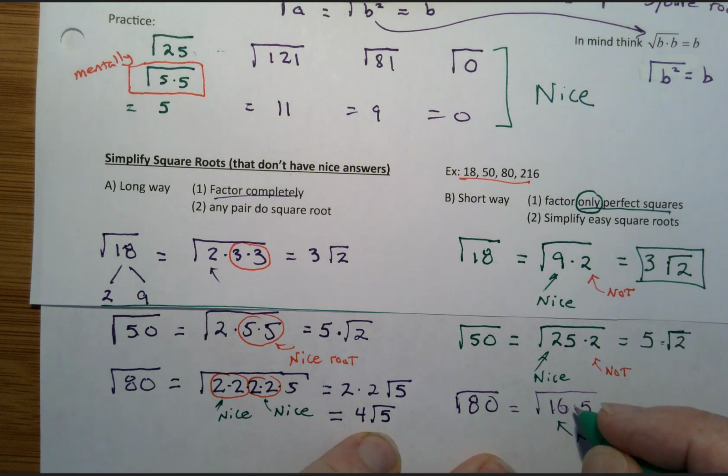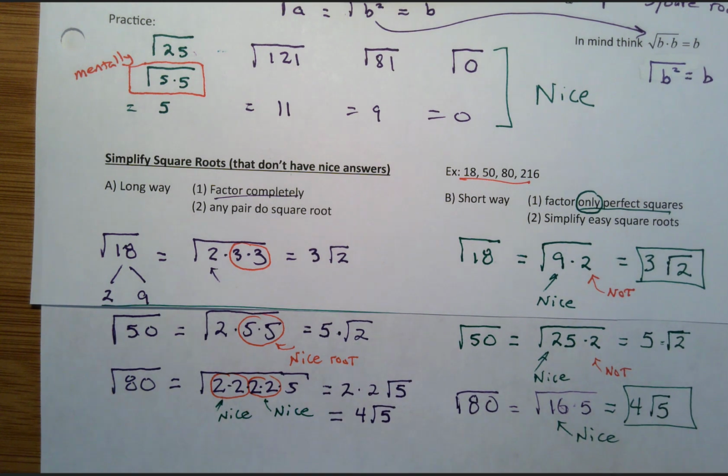In fact, that nice square root of 16 is the whole number 4. There's no square root on it. It's just 4. Square root of 16 equals the number 4. But there's some leftover, times 5. But the 5 is still under the square root. There is the simplified answer. It's the same as we got over here. They're just slightly different methods. And like I said, I don't care which method you pick. Just get good at one.